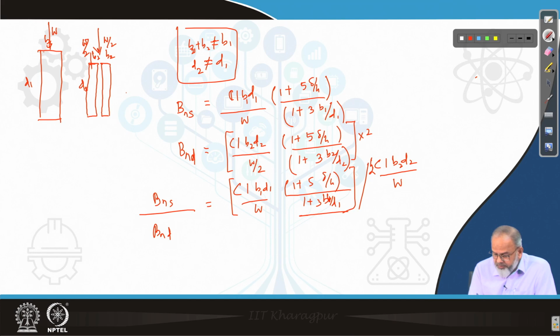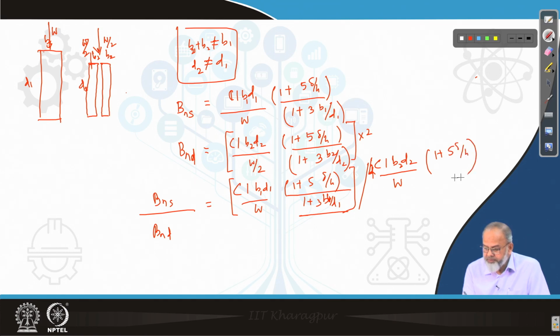So that means here it will become 4 CI B2 D2 by W into 1 plus 5 del by H divided by 1 plus 3 B2 by D2.